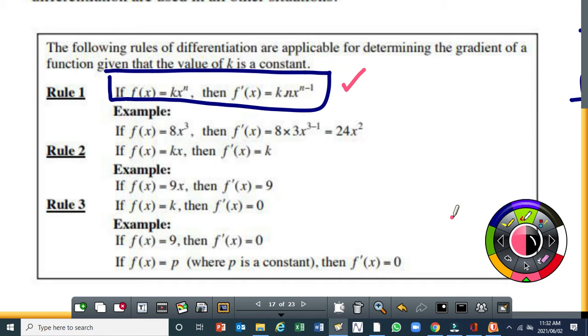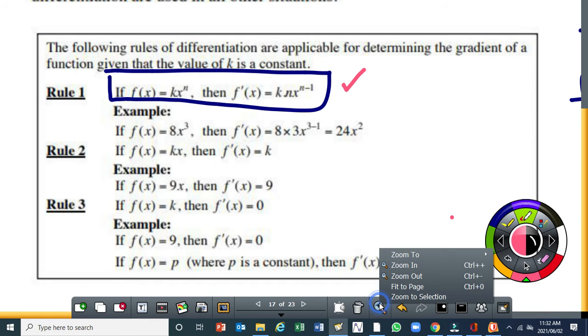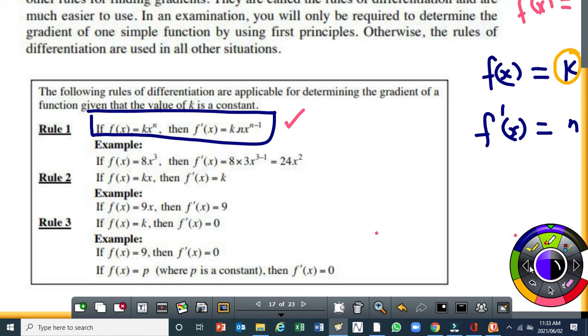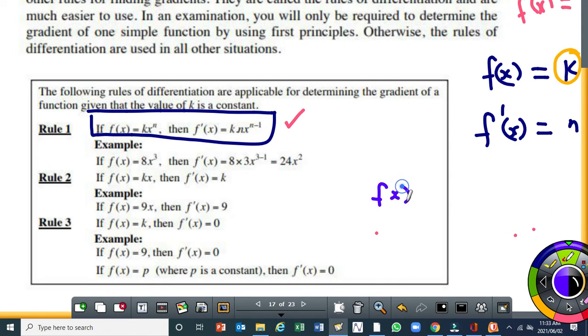All right. The second rule. If you multiply a constant by a variable, and you want to find the derivative of the product of a constant and the variable, the answer that you get will be equivalent to that constant. Just to generalize it, f of x is equal to k times x.